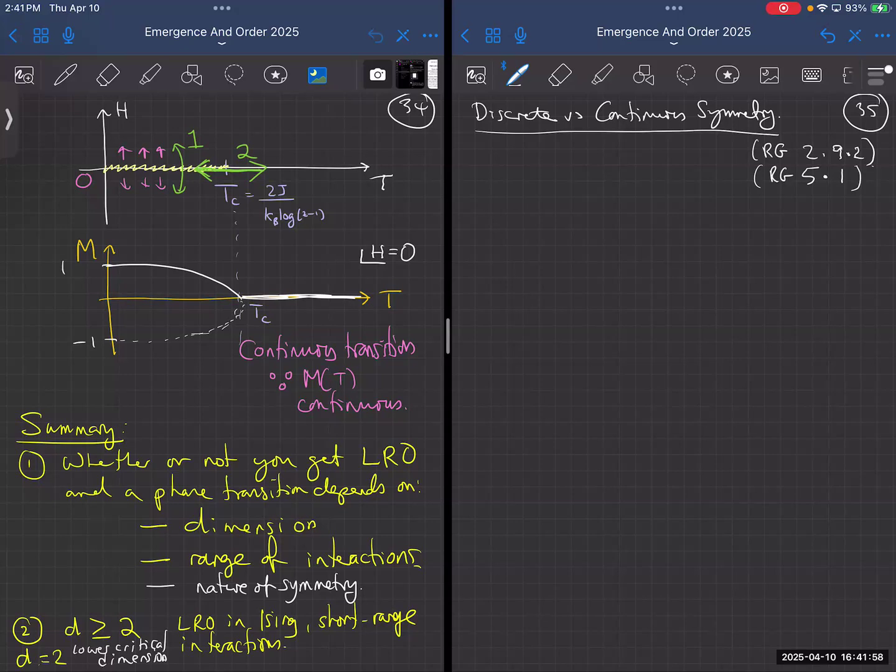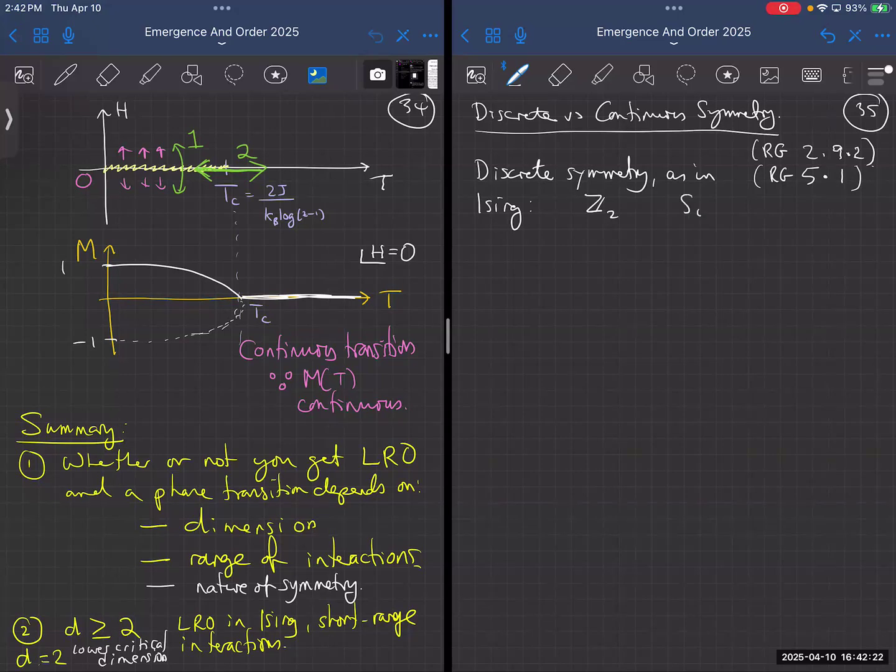Okay, so I want to give you an example of what a continuous symmetry is. The discrete symmetry as in the Ising model was basically what's known as permutation symmetry, Z2 symmetry.